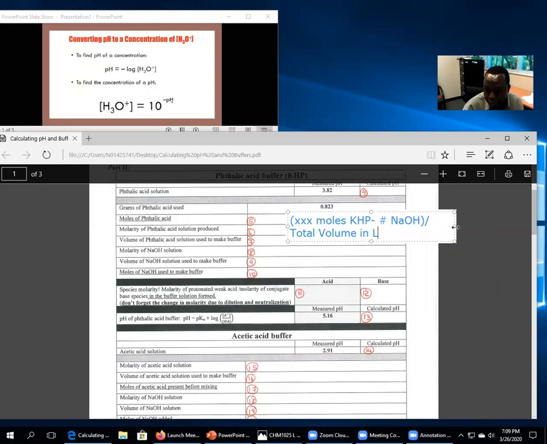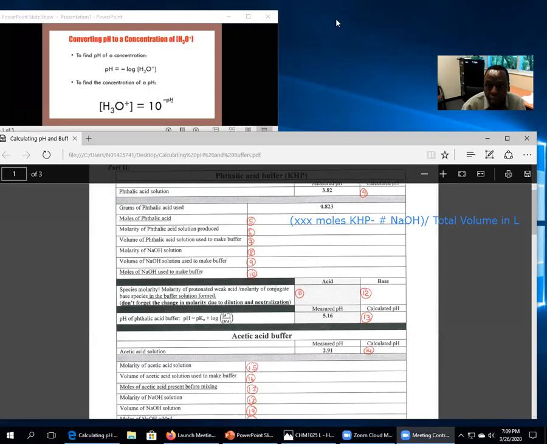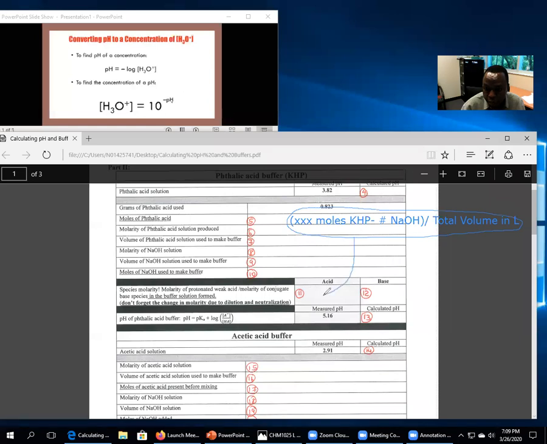What I have here is to find the molarity of the acid. Let me circle this so that you see what I'm talking about. This equation, what I just went through, is to find the molarity of the acid. How many moles of KHP did you start with? You should know that. Minus the number of moles. This should be the number of moles of acid, and this should be the number of moles of the base.